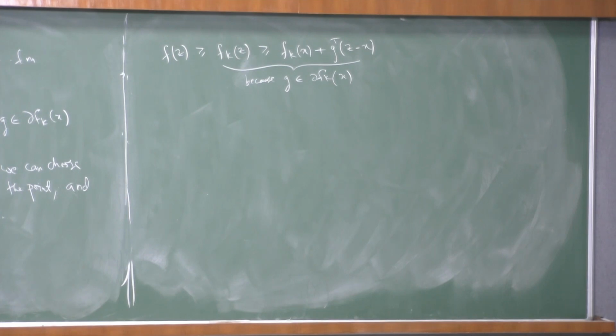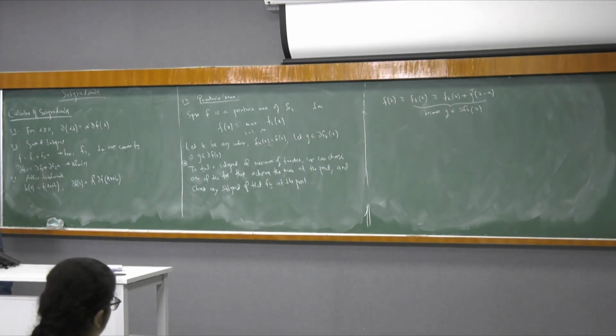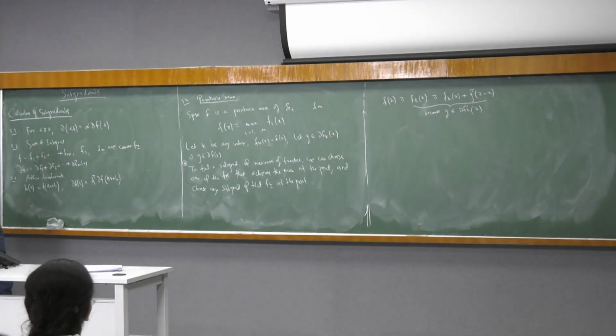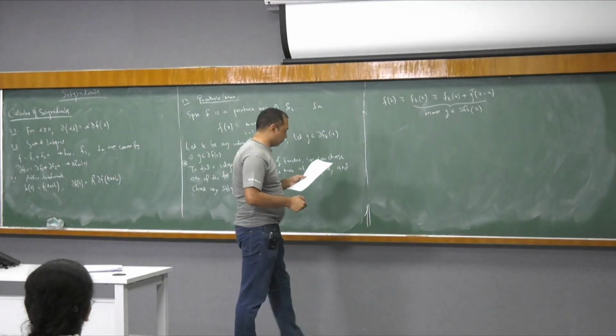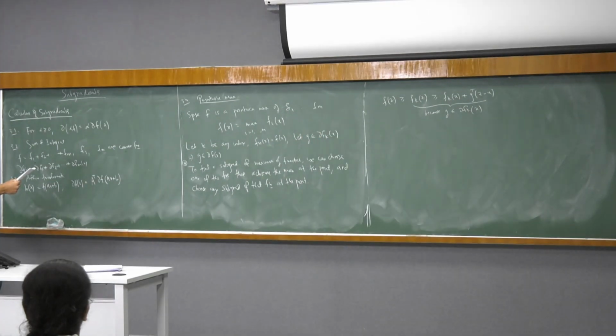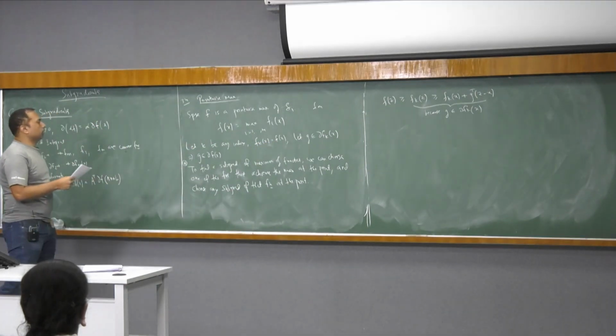And what are we trying to prove? We are trying to prove that g is also in the subdifferential of f at x. So essentially we have to prove the inequality that f(z) is greater than or equal to f(x) plus g transpose (z minus x). So what can we write from here? fk(x) is f(x), since it's picked by f.